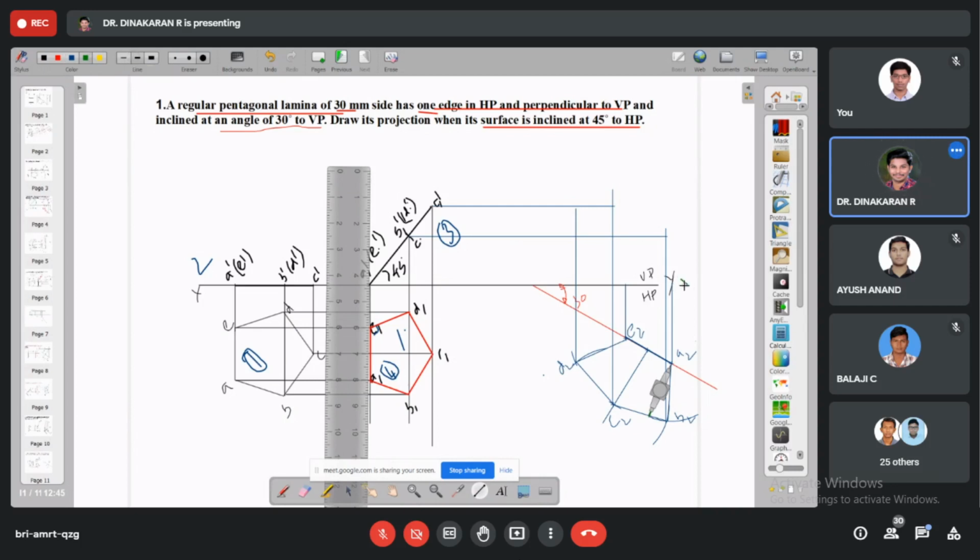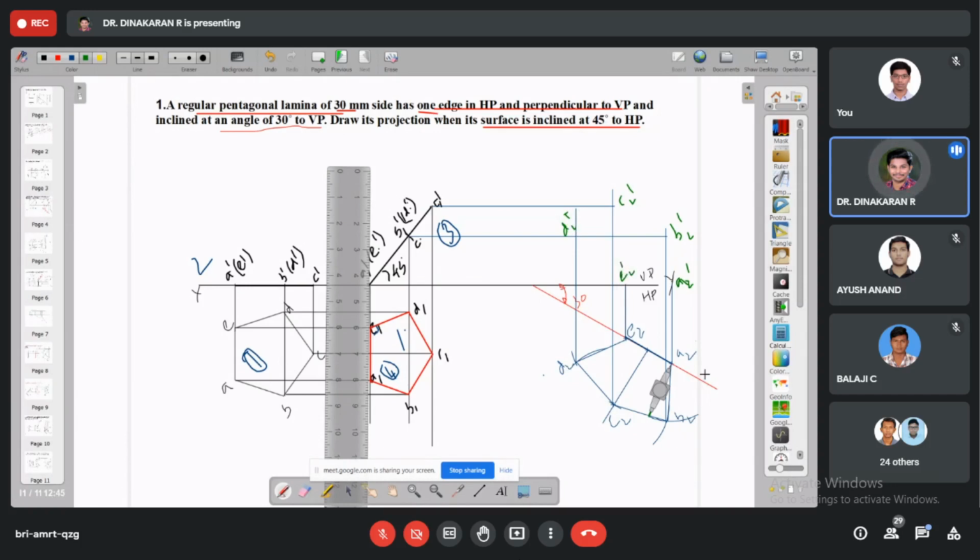After marking the points of A2, this A1 dash will be the A2 dash point. Then B2 dash, C2 dash, D2 dash, and finally E2 dash.